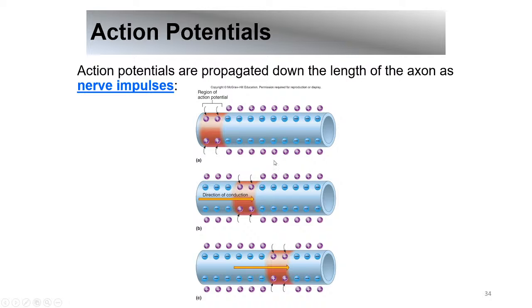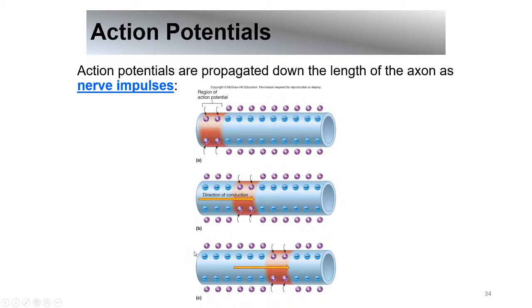That causes voltage-gated sodium channels in the next region to open up, and we're going to see sodium flood in, makes this region more positive. Well, guess what? That opens up voltage-gated channels in the next region over. Sodium floods in, and that makes this region more positive, which is going to trigger voltage-gated sodium channels in the next region. And so this signal propagates down the length of the axon.